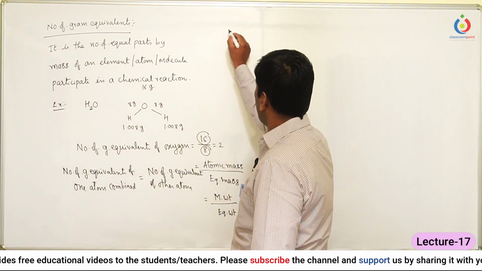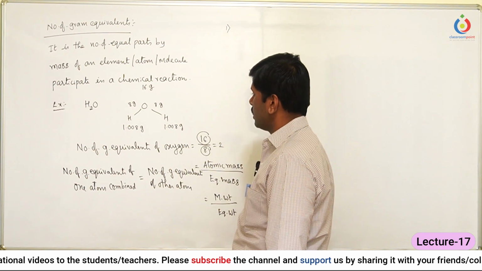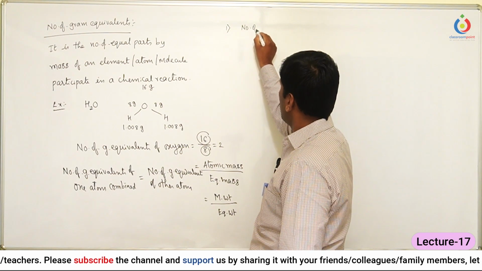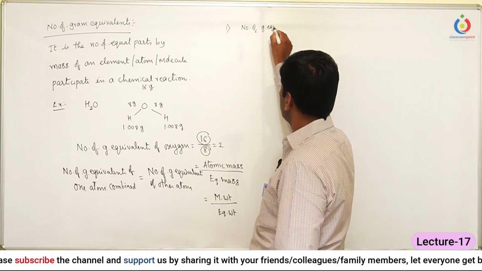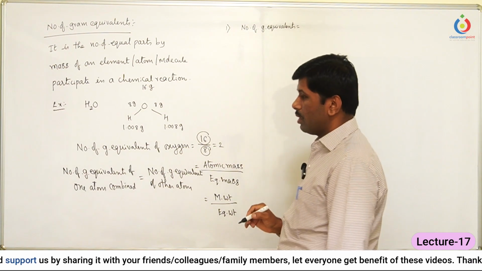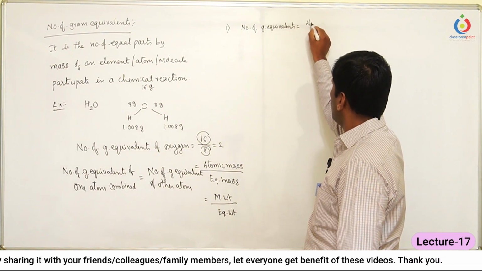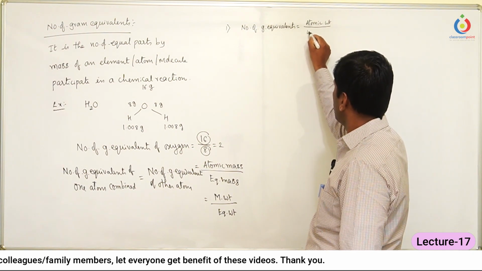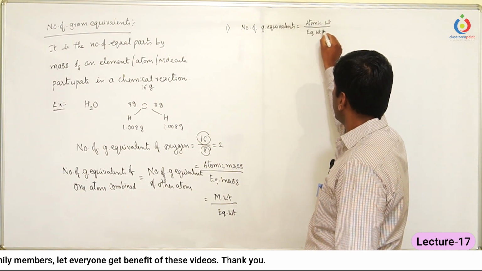The formulas that help us in solving the questions are, first, the number of gram equivalents is equal to atomic weight or atomic mass divided by equivalent weight.